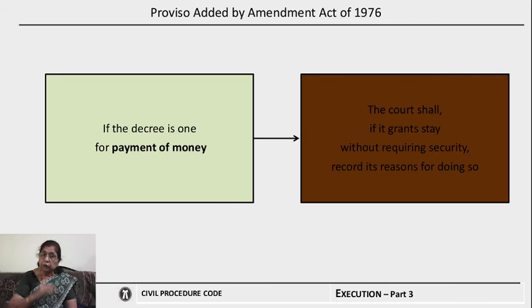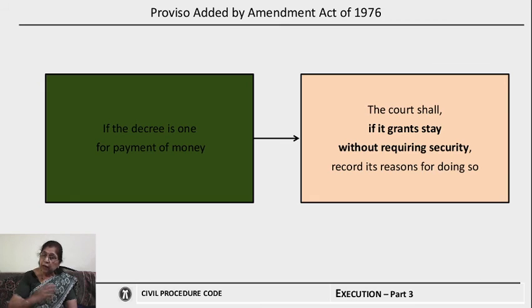So, there is a proviso added by the Amendment Act of 1976 that if a decree is one for payment of money, then the court has to require security. If it grants stay without requiring security, then the court has to record its reasons for doing so. So, that has made it stronger. The provision has been added to see that the payment of money decree is not frustrated by leaving the person without security.